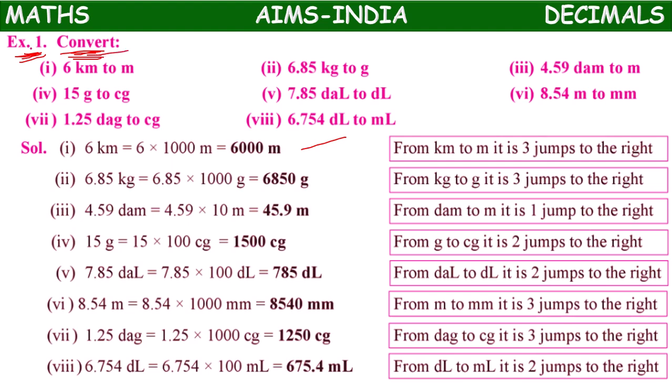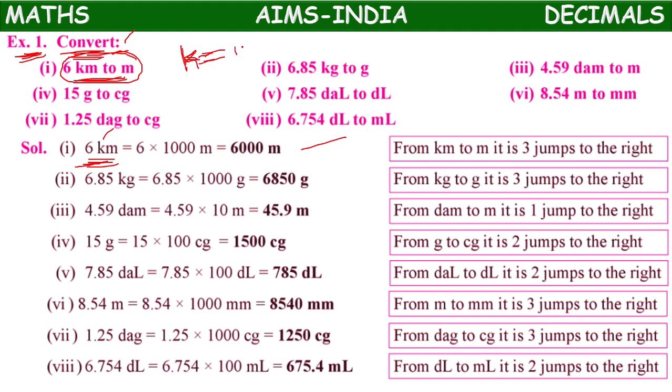Here, example 1. Convert 6 kilometers to meter. Let's write 6 kilometer first. What is the meaning of kilo, children? K stands for kilo, which is a multiple of a normal unit.